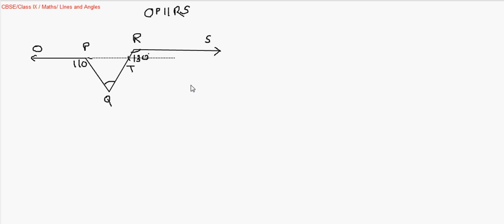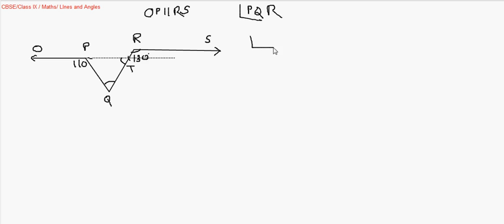What we have to find, I forgot to write it here, PQR. Now, what will be PTQ? What will be the measurement for this angle we need to calculate? Then only it will help us.